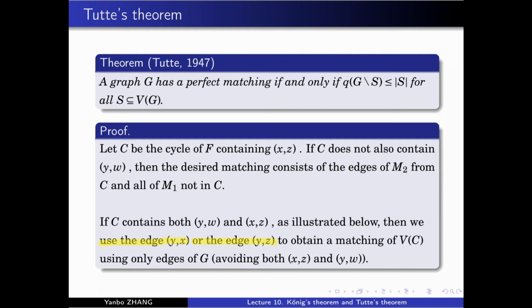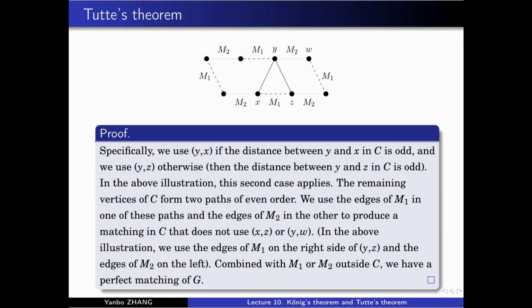Note that we have already known xyz is a path of length 2. This is the cycle on which we can find both the edge xz and the edge yw. Because both xy and yz are edges in G, this has been confirmed at the beginning of this case.